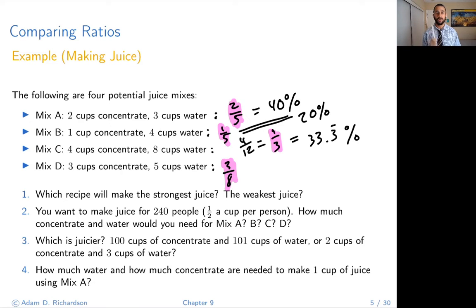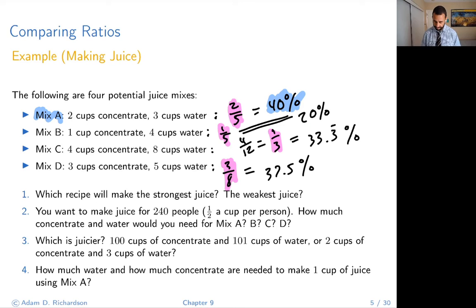Remember, you've got to have that bar, because 33.3 is not 1/3. 33.3 is 33 and 3/10. That's not 1/3. Okay, 33 and 3/10%, I should say. And then 3/8, that's 37.5%. So now we can see that the strongest juice is mix A.